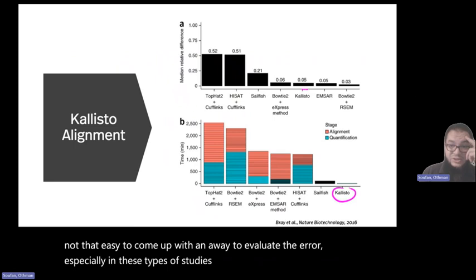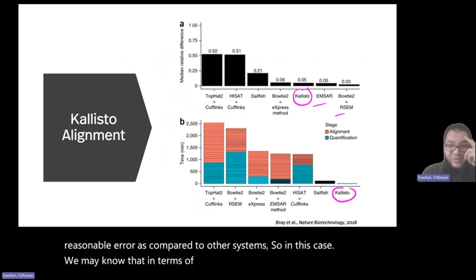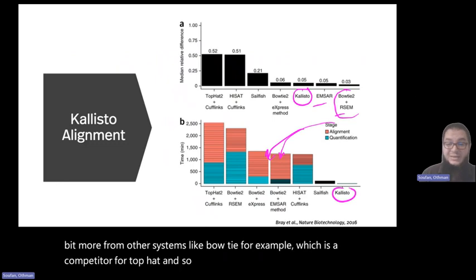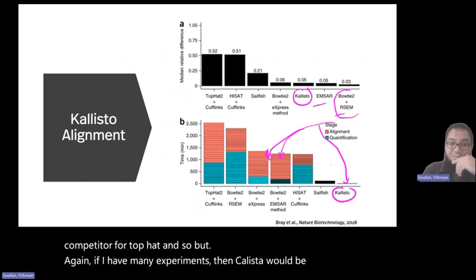But eventually, they achieved reasonable error as compared to other systems. So in this case, we may know that in terms of accuracy, maybe we can gain a little bit more from other systems like Bowtie, for example, which is a competitor for TopHat and so on. But again, if I have many experiments, then Kallisto would be a reasonable option.